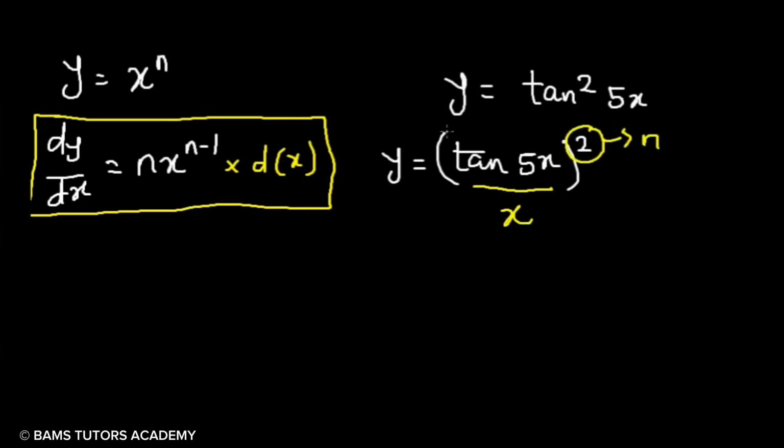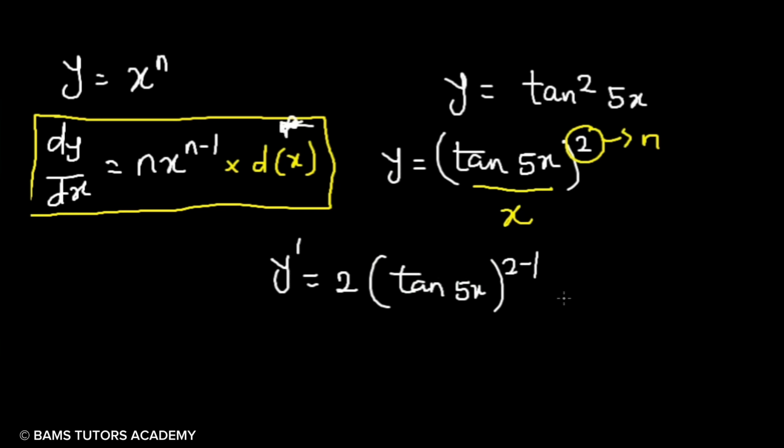All right, so you follow this formula we just wrote here, which means that y prime will now be n, which is my 2, then my x raised to power n minus 1, which is 2 minus 1, then times dx. So this is my x. How do I differentiate that? I'll just say that this is 5 sec square 5x. That's my dx.